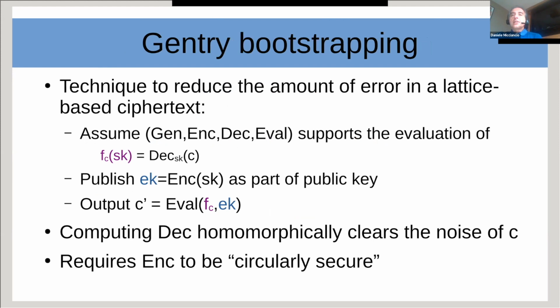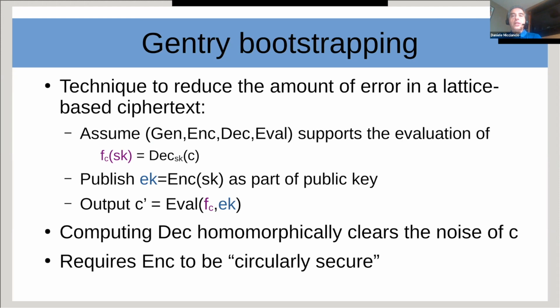It assumes that the scheme supports the evaluation of its own decryption function, but with a twist. Typically the decryption function is seen as a function described by a secret key that takes as input a ciphertext. Here we flip the role of the two inputs.